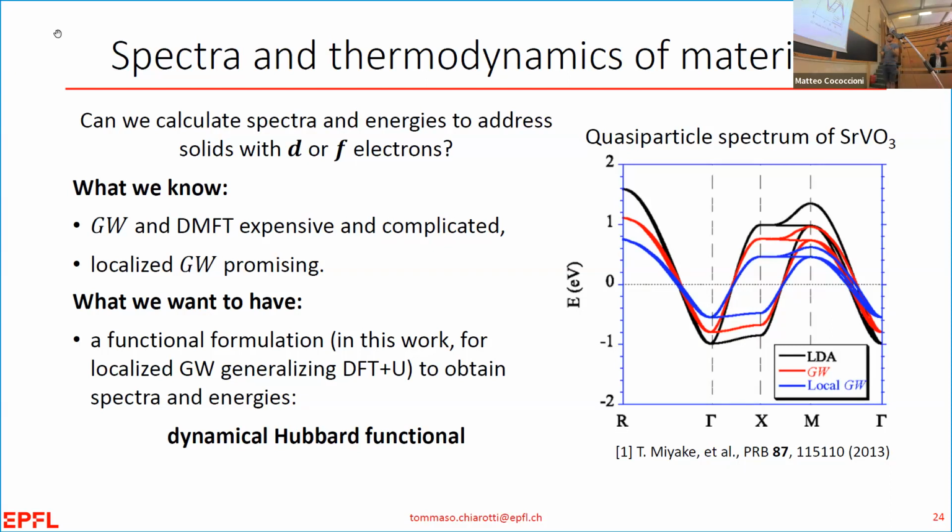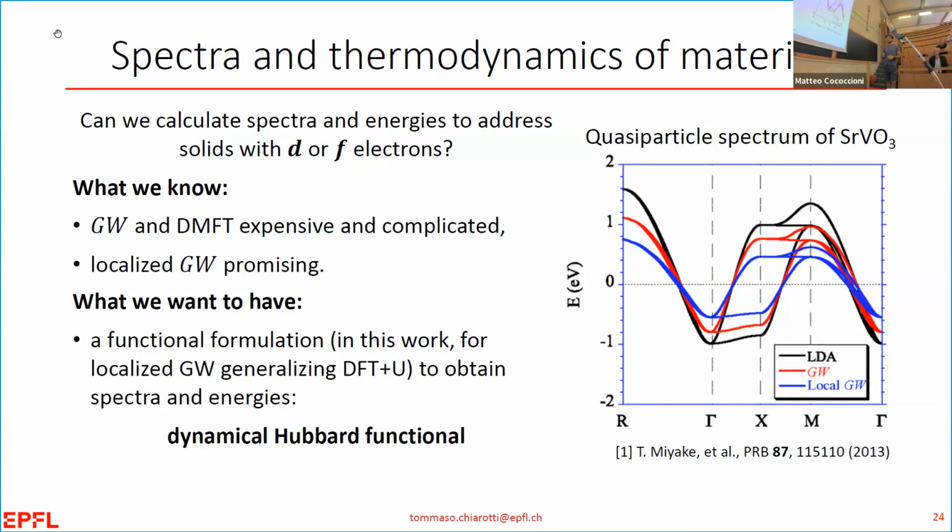GW is not really very suitable for these materials because in some sense it tends to delocalize anyway. Then dynamical mean-field theory is very suitable, but it is very tricky and very expensive. There are a lot of approximations, a lot of assumptions that you need to make, for example that your material is a lattice model to make the DFT work.